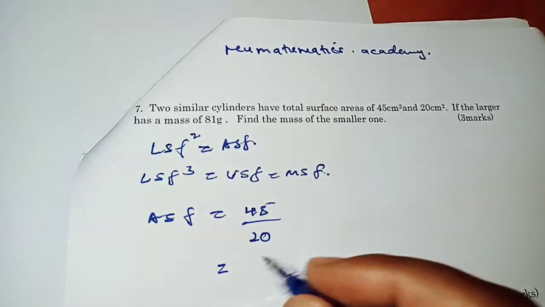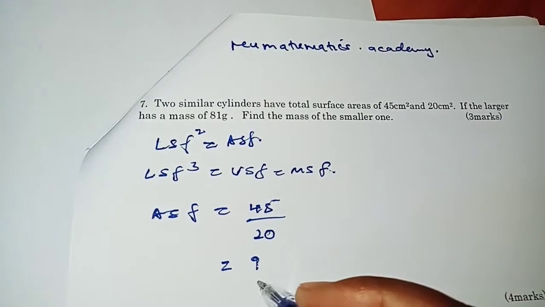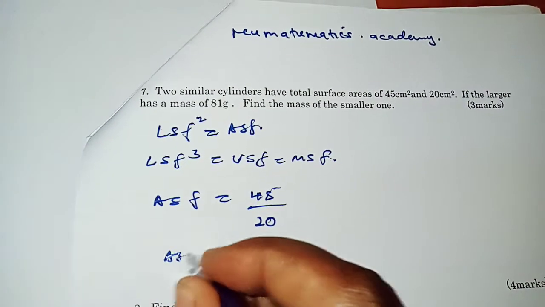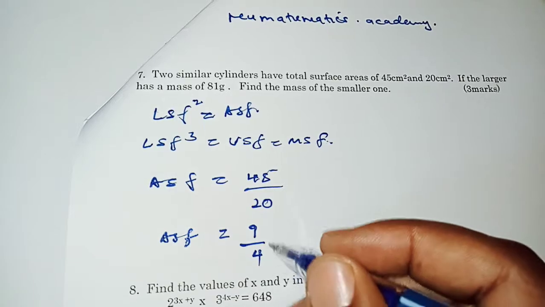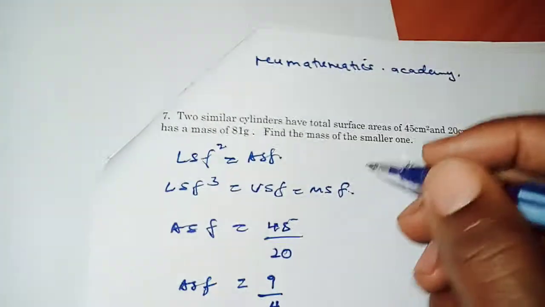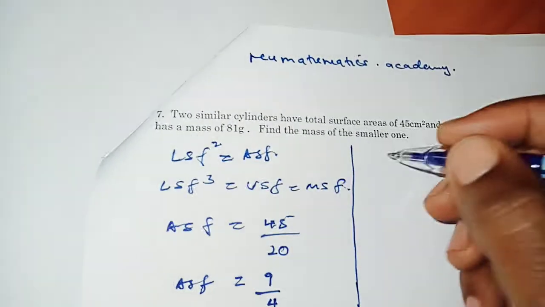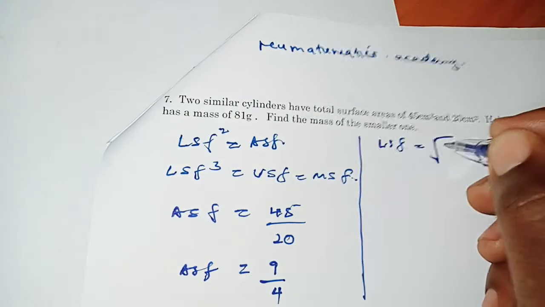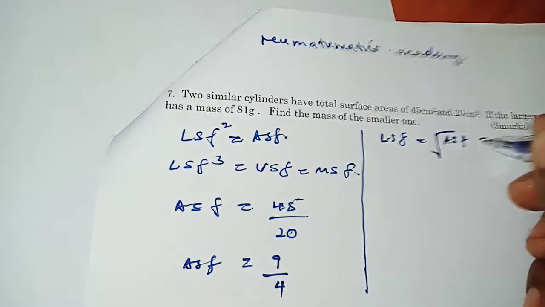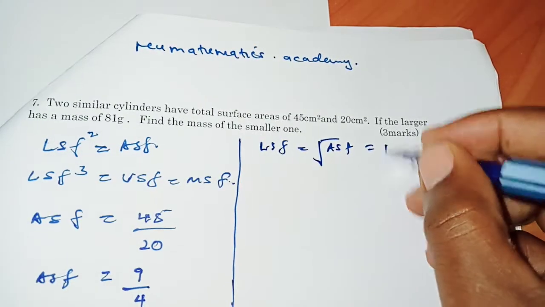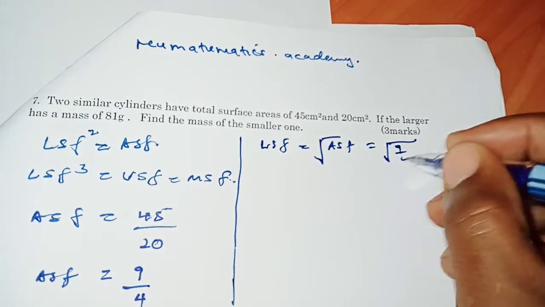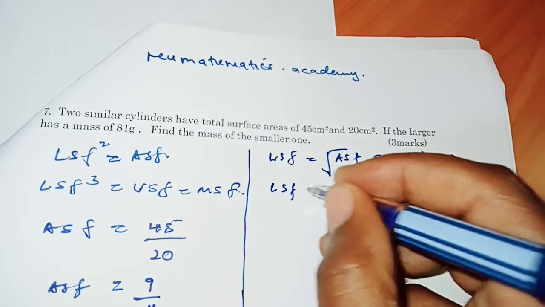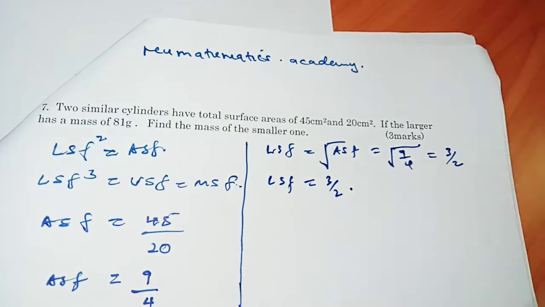So if you divide by 5, you're going to have 9 over 4. Okay, that is area scale factor, and you can see this is like 3 over 2 squared, so we can actually determine the linear scale factor by getting the square root of area scale factor, which is going to give us the square root of 9 over 4, which is 3 over 2. So we have linear scale factor is equal to 3 over 2.